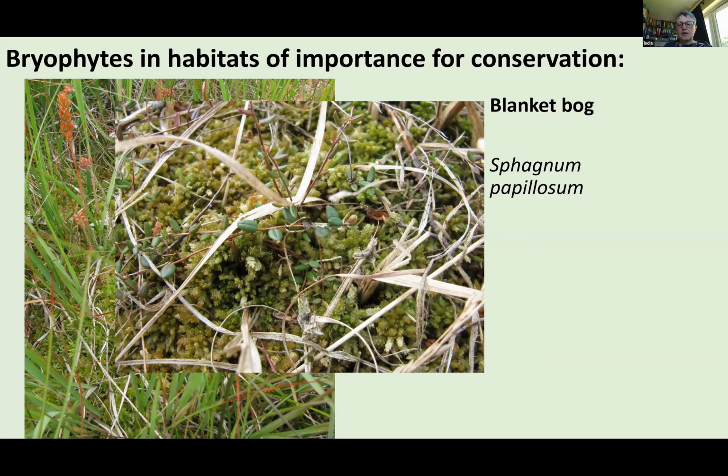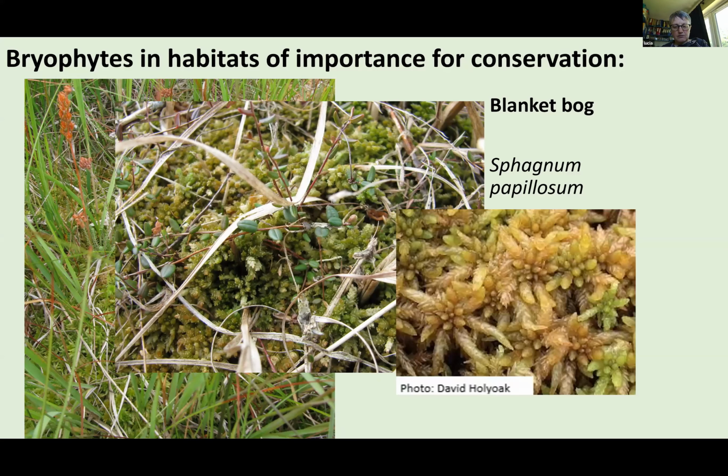The main color that you get it in is either sort of this dingy green, or you can get it in its proper color when it shows color, which is a bit of an ochre color. A very, like I said, a very chunky sphagnum that sits there and slowly builds up, and it creates peat.